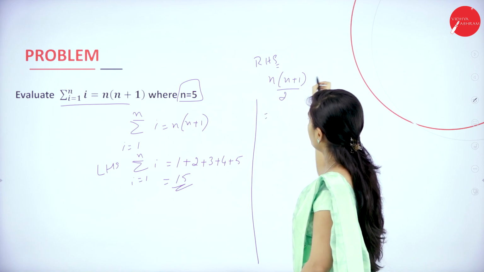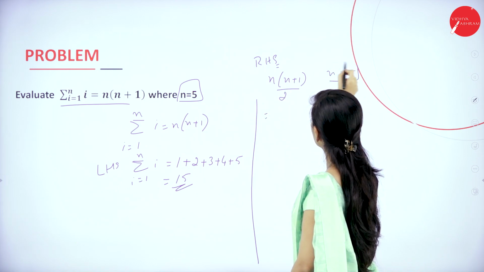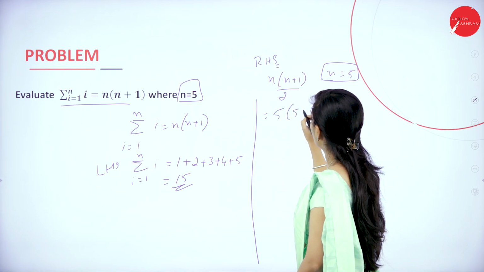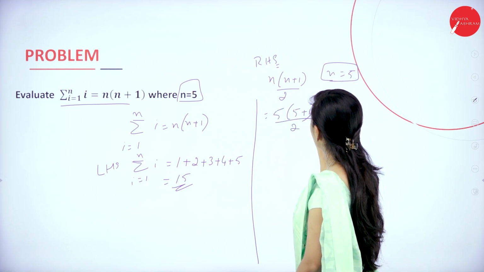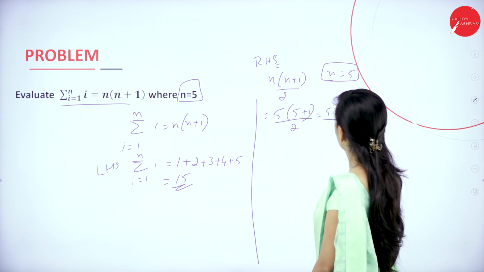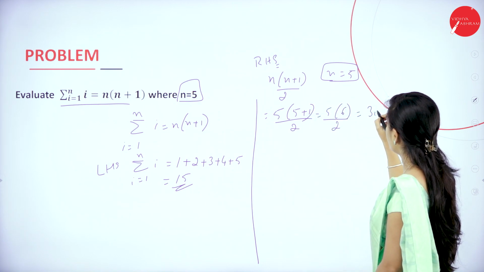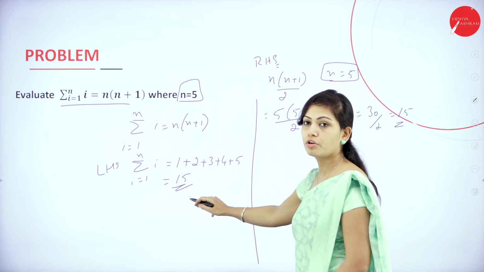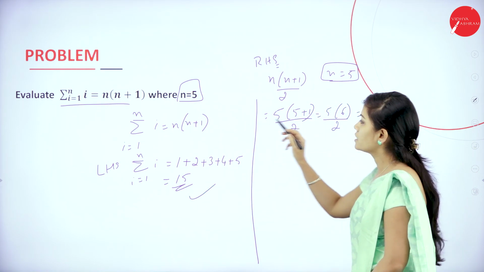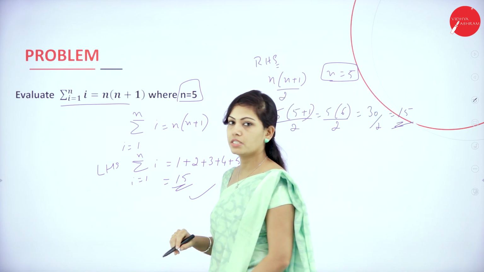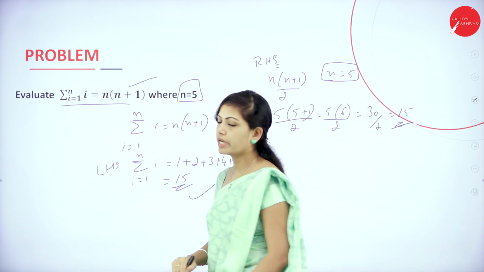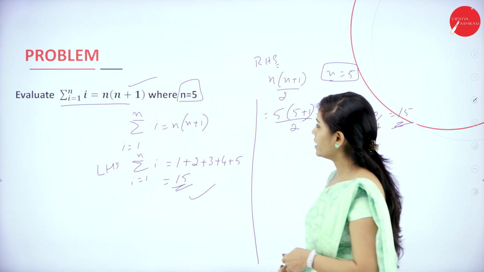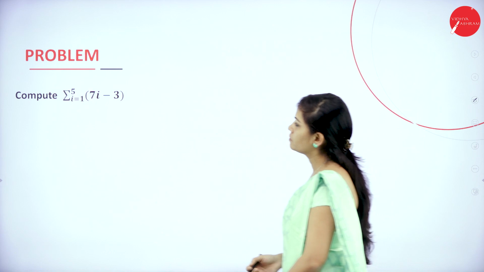Substitute the value of n: 5 into 5 plus 1 by 2, 5 into 6 by 2, it is 30 by 2, which is equal to 15. So here also we got 15 and 15. So LHS is equal to RHS. This type of question you can expect for 2 marks or 4 marks.